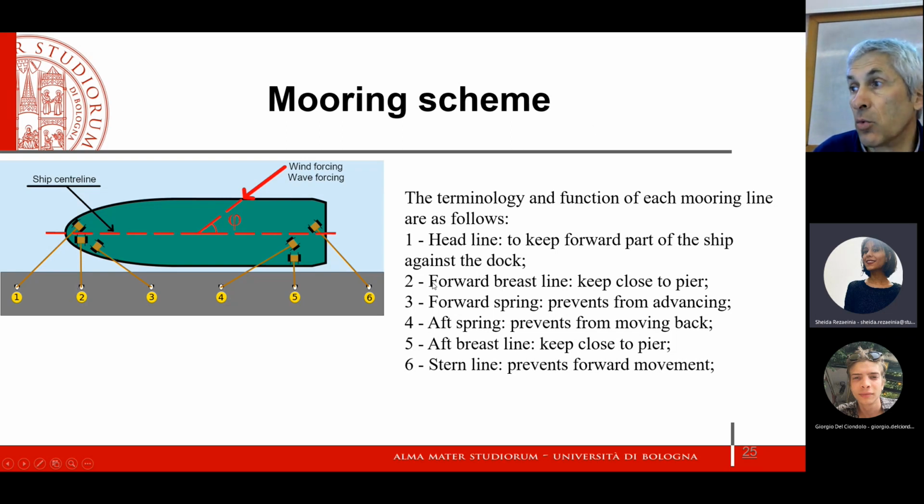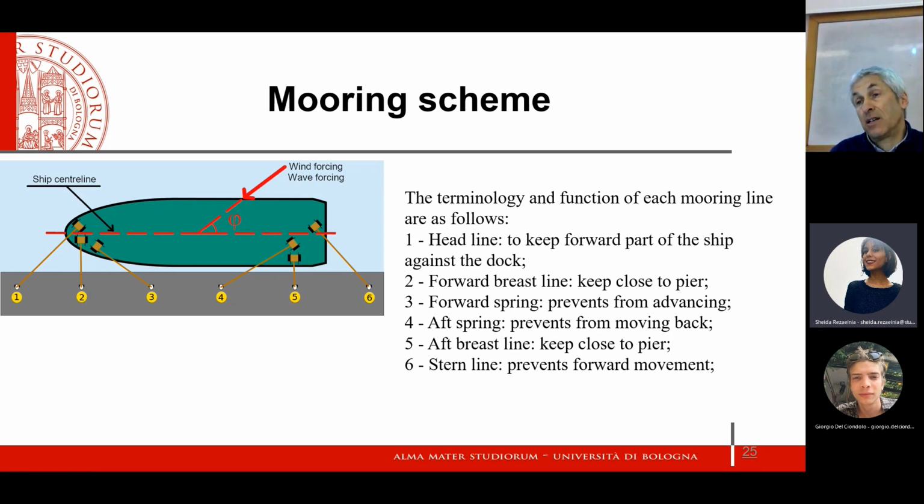They are called forward breast line and aft breast line. They serve to keep the ship very close to the pier. And then there are the forward spring and aft spring, which further contribute to prevent the movement of the ship in a direction parallel to the piers.